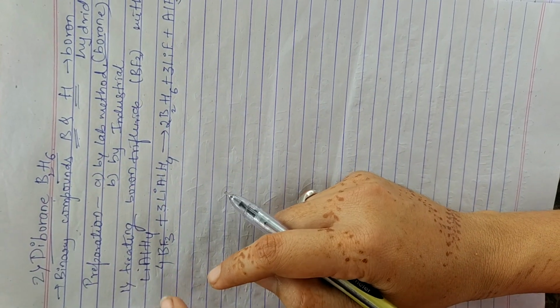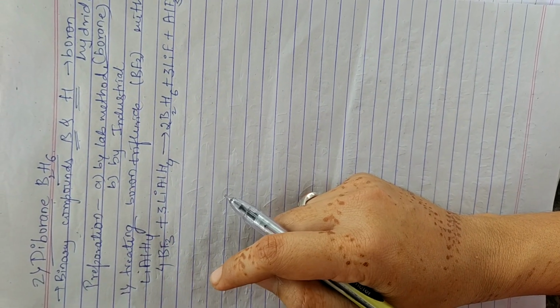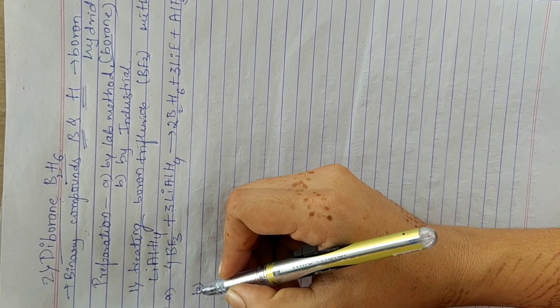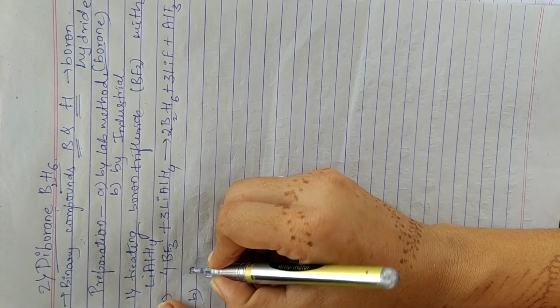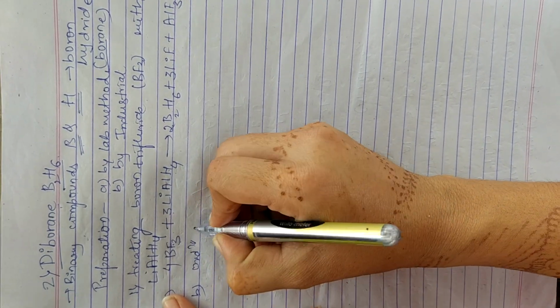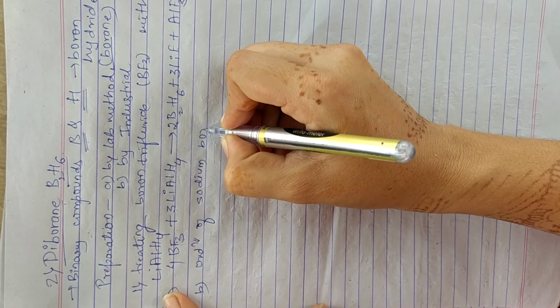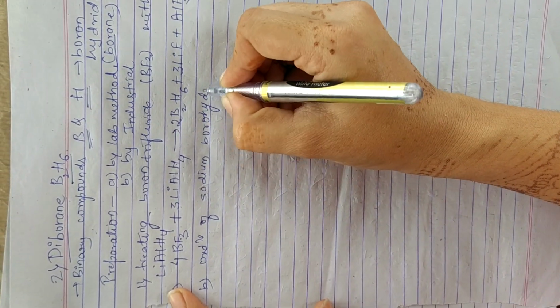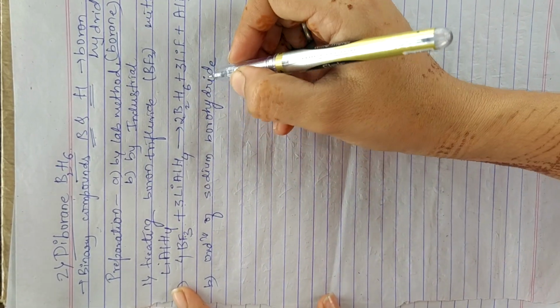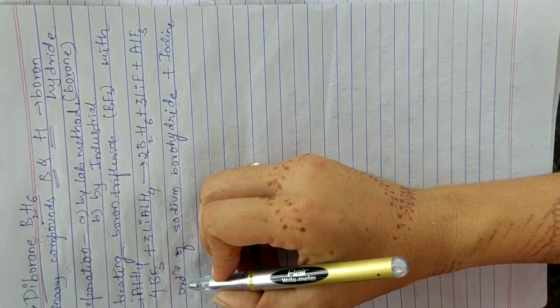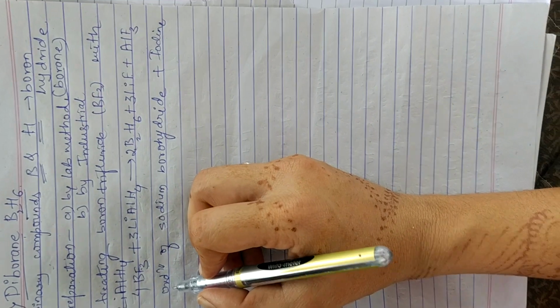And the second method, in this laboratory method itself, is that it is also prepared by the oxidation of sodium borohydride in the presence of iodine.